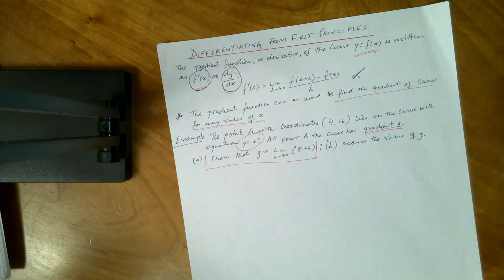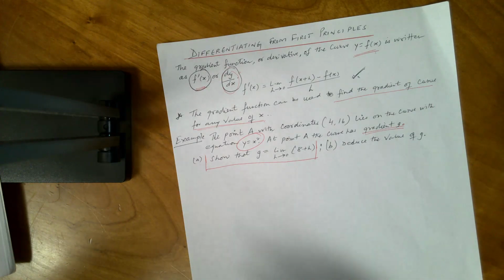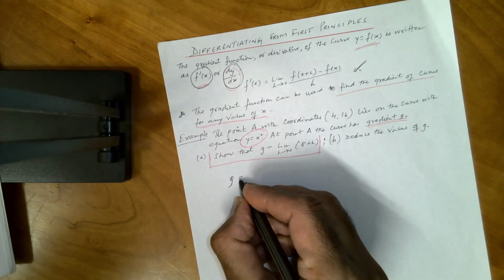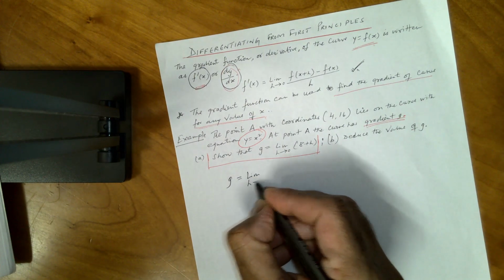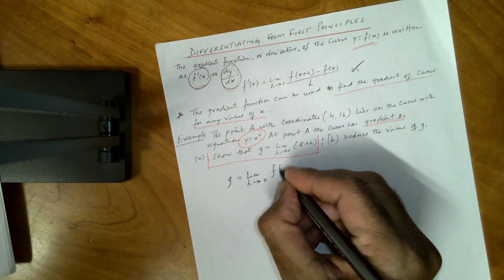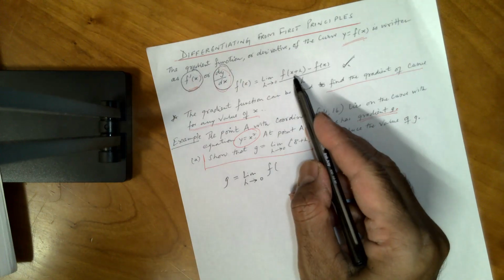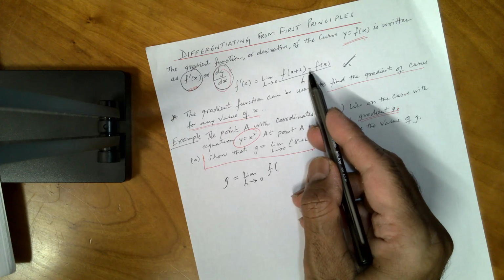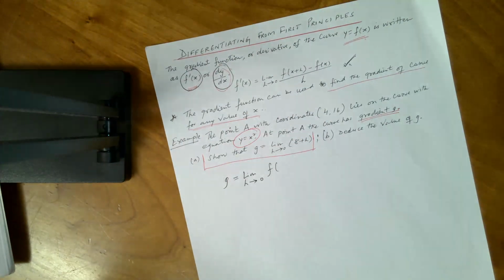Right, so I write this down for you. g equals, as I said, the limit as h tends to 0 of f(x plus h) minus f(x), divided by h. So don't forget this.